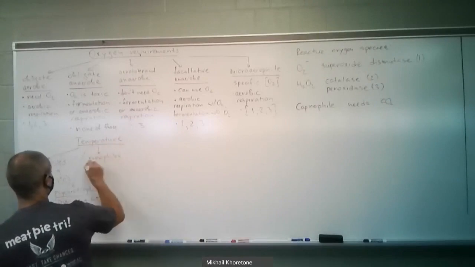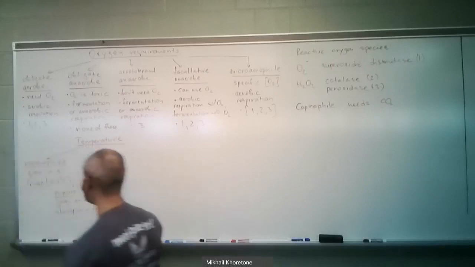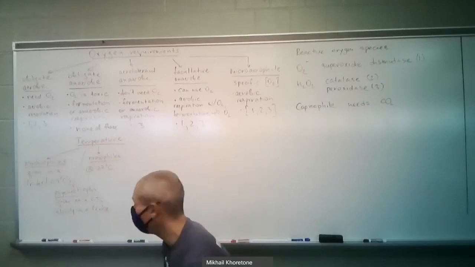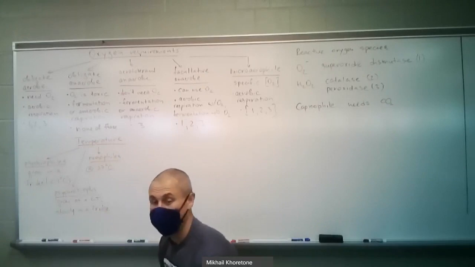Mesophiles. 37 Celsius. Temperature of the human body. Okay, does that make sense? 99% of human pathogens belong to mesophiles. Are we clear?